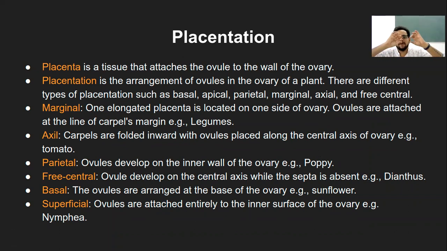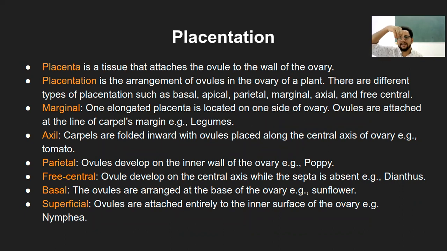At the lower portion of the tomato, towards the stem, there is quite a lot of mass of the tomato fruit. And towards the top, the pointy end, there is a little less mass, and that way this folding inward with the ovules happens, and they are present along the central axis.